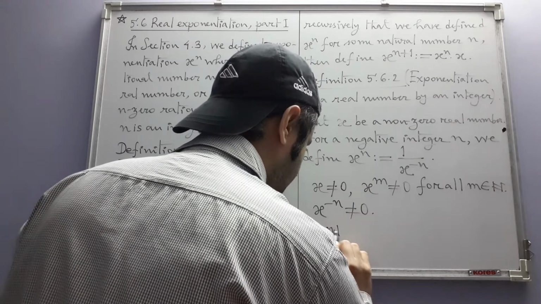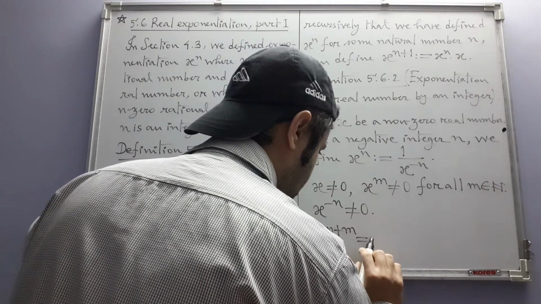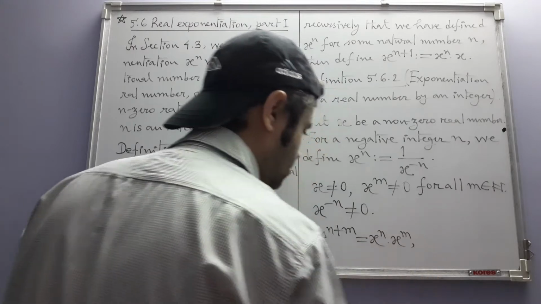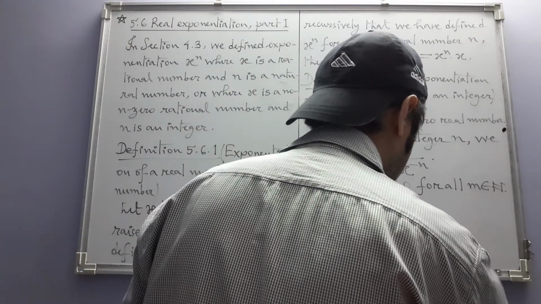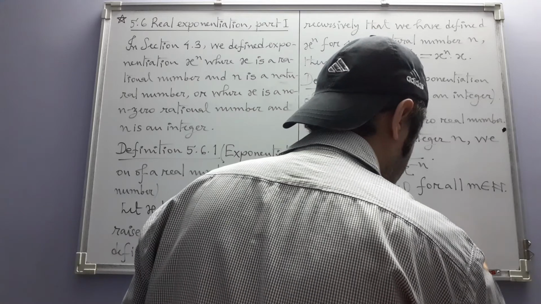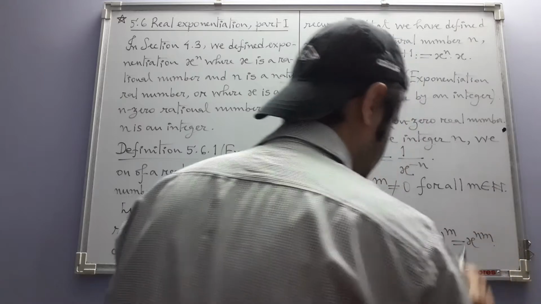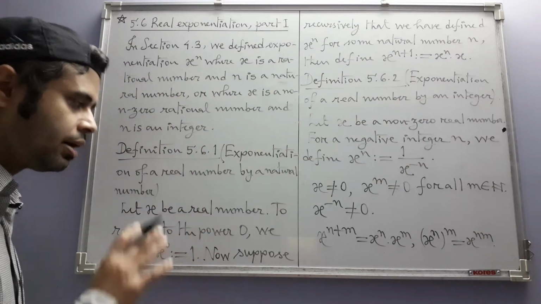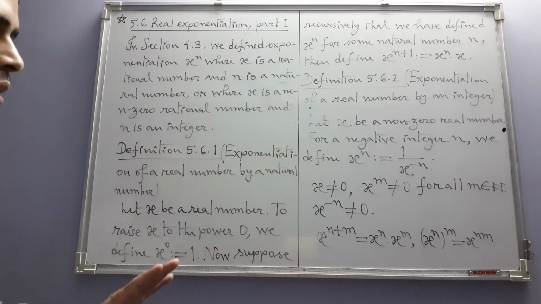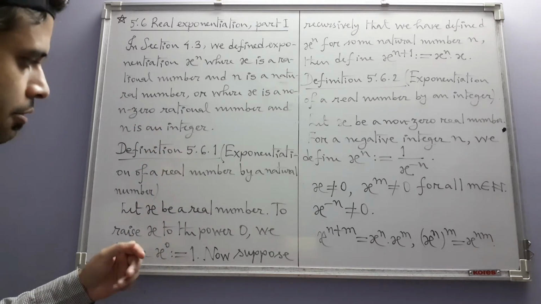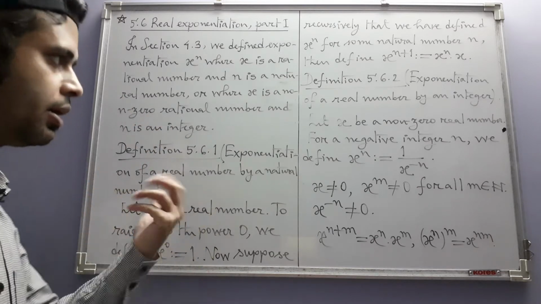X to the power n plus m is equal to this, then this. So similar statements, or similar lemmas or propositions, whatever they were, are also true for real exponentiation.